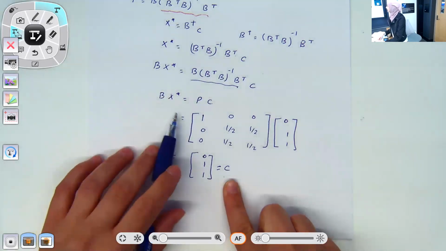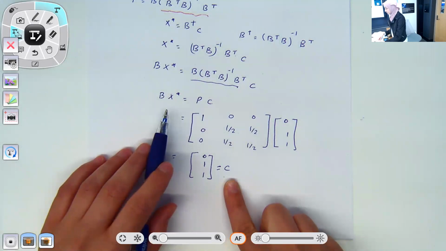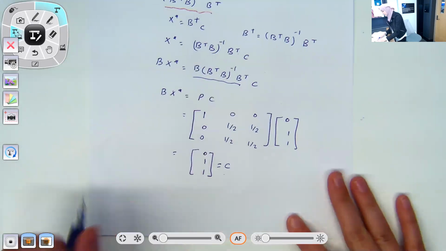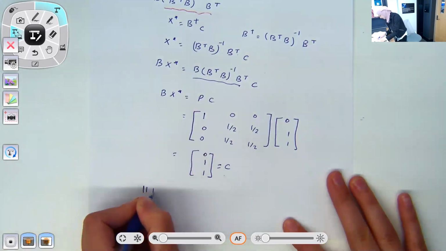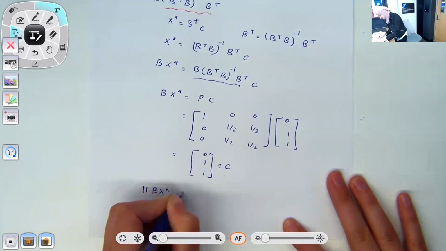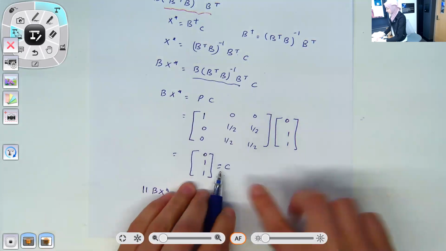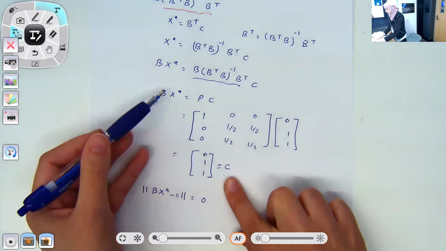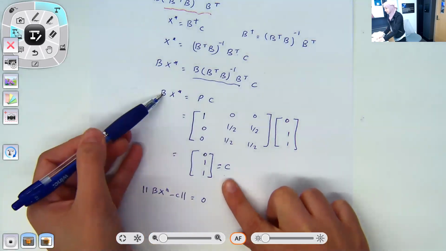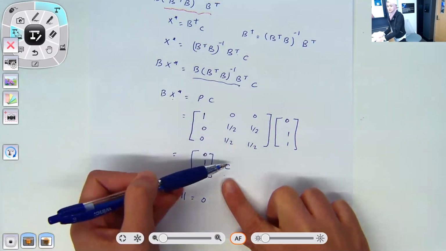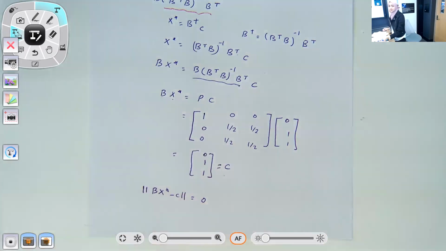If you subtract these, you will get 0. So the answer is 0. The norm of Bx star minus C equals 0, because we found from least squares that the value of Bx star is the same as the value of C.